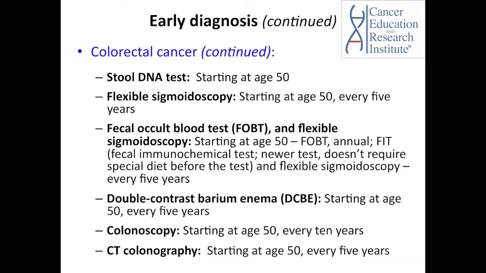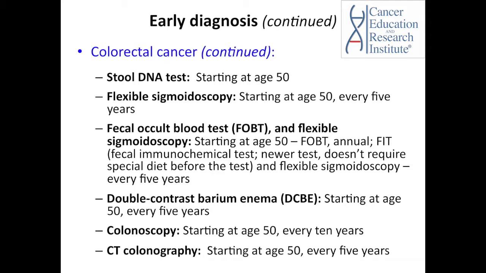The FIT test, which means fecal immunochemical test, is a newer test which does not require a specific diet before the test. FIT plus the flexible sigmoidoscopy is recommended starting at age 50, every 5 years.